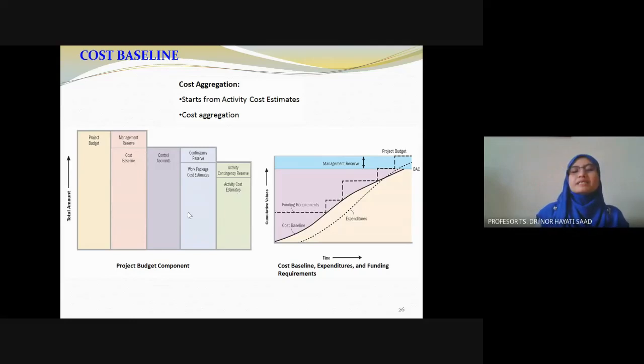So we lump in 30%, and after that in this cost baseline calculation we need to put what we call the activity contingency reserve. I hope you still remember when we came to cost estimation, we have the cost reserves: activity contingency reserve, contingency reserve, and management reserve. These are different things.